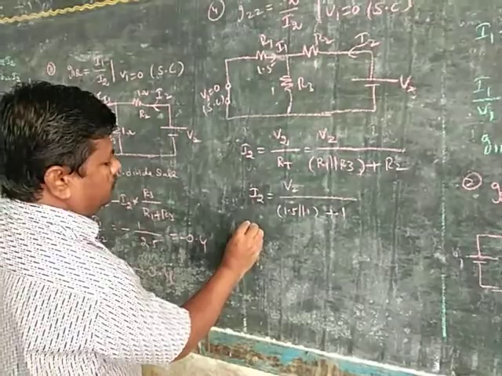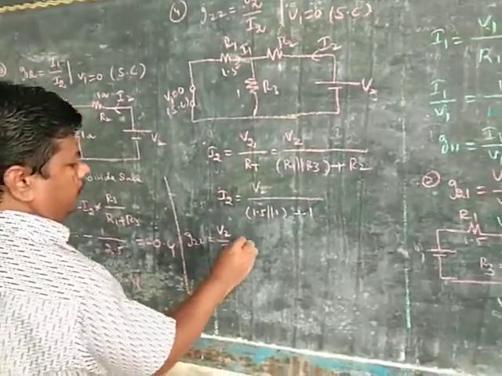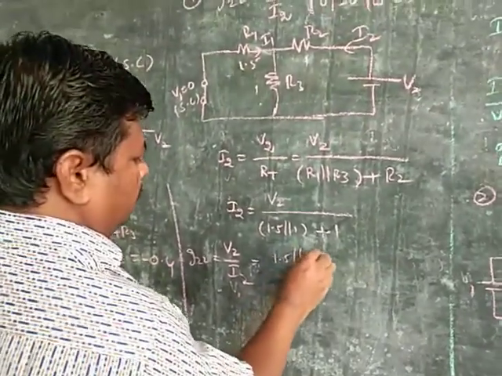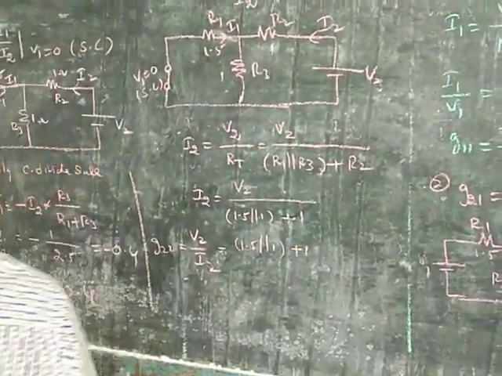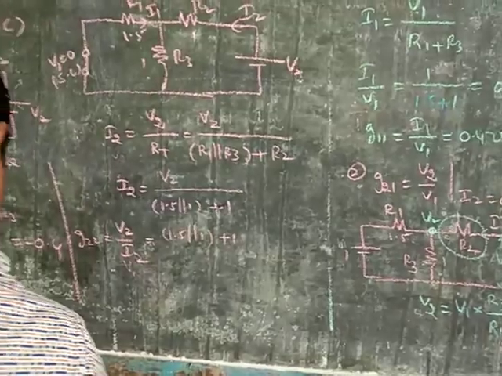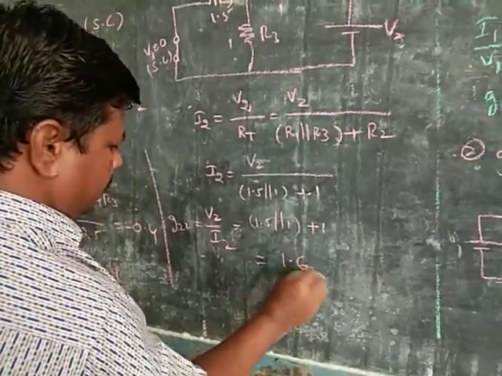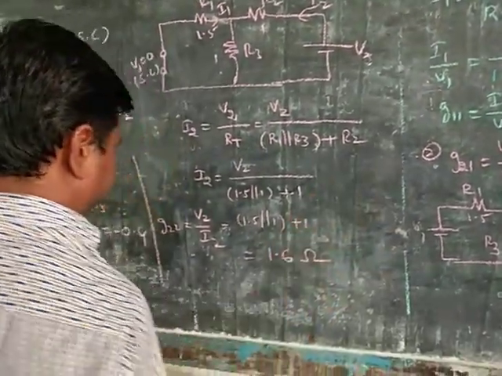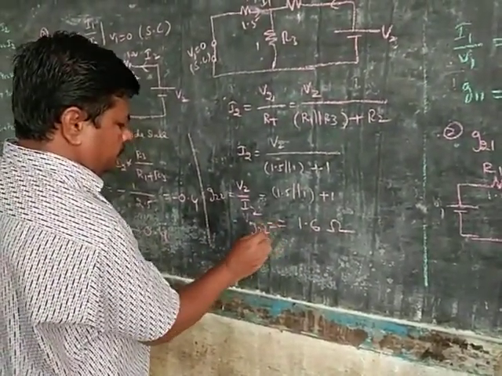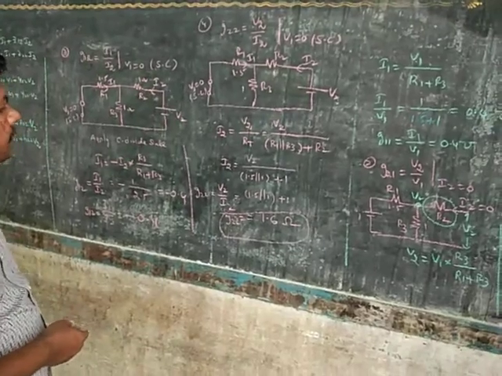Then V2 by I2, that is G22, is equal to 1.5 parallel to 1 plus 1, which is approximately 1.6 ohms. So G22 is equal to 1.6 ohms.